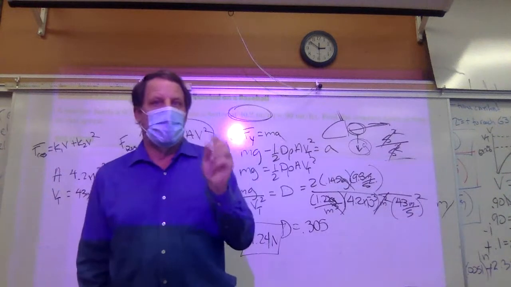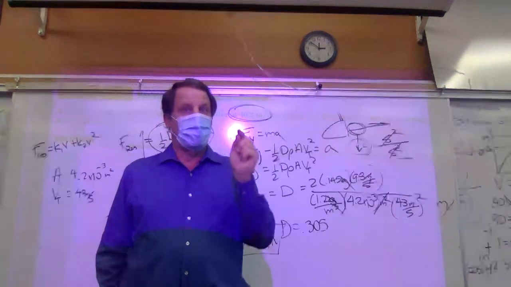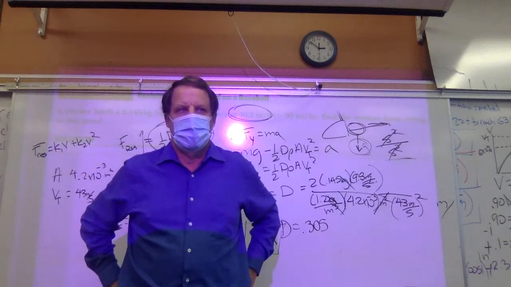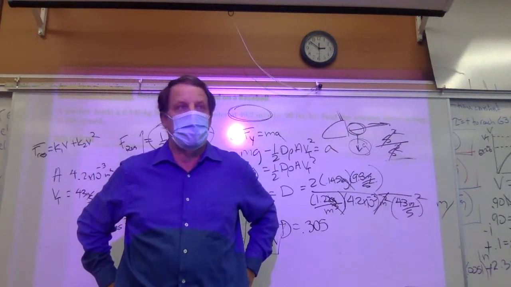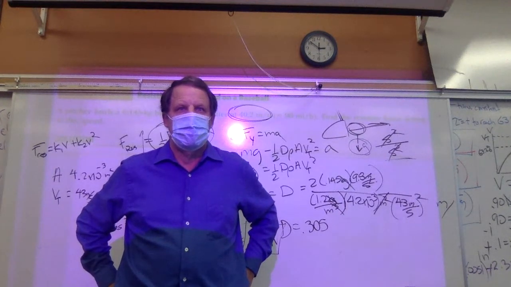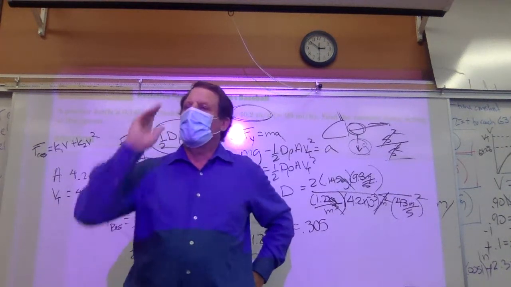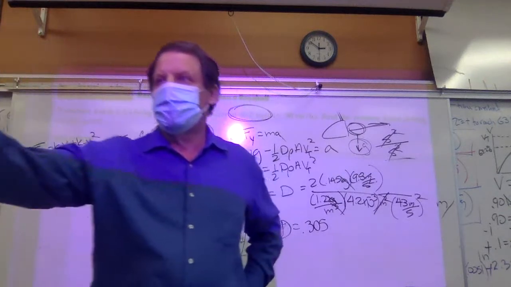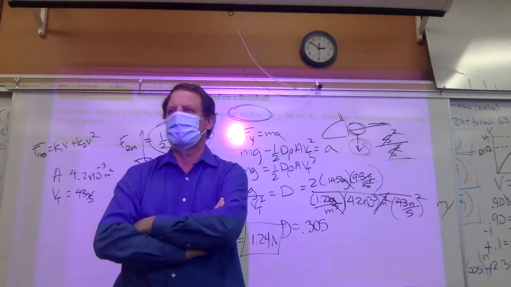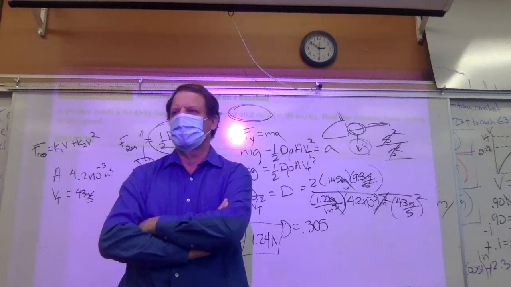Now, can an object go greater than its terminal velocity? Can an object go faster than its terminal velocity? Why do you say yes, or why do you say no? Yeah, because its terminal velocity is final, like an ending, resting velocity.